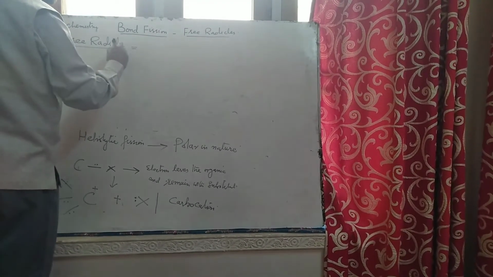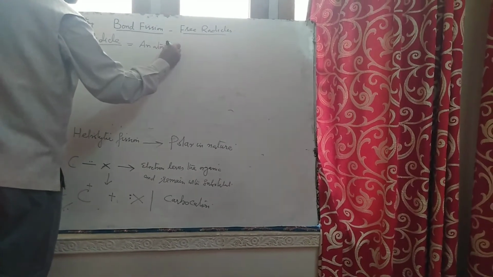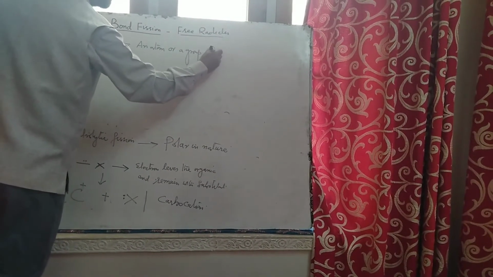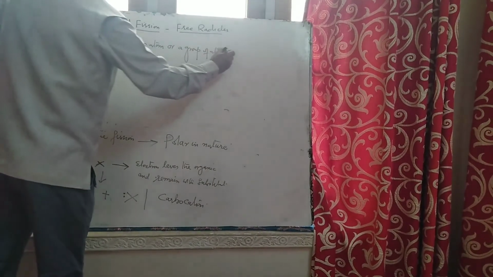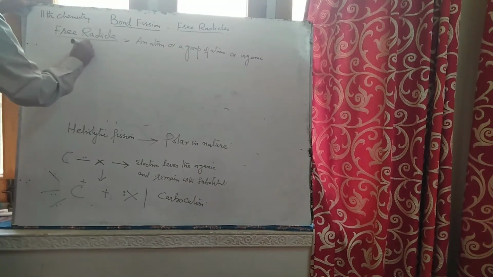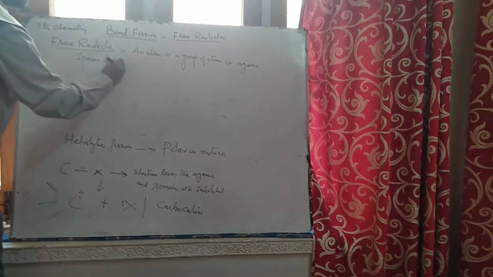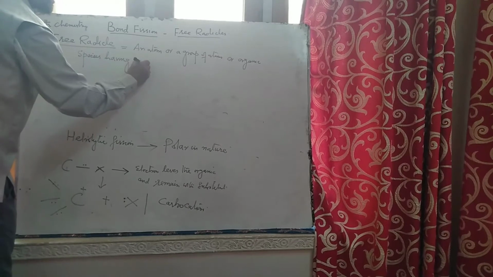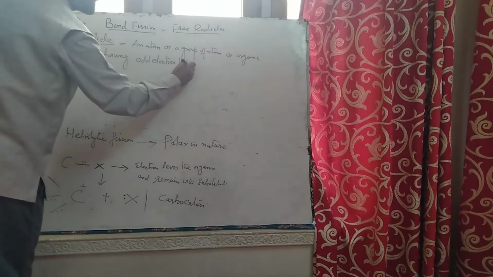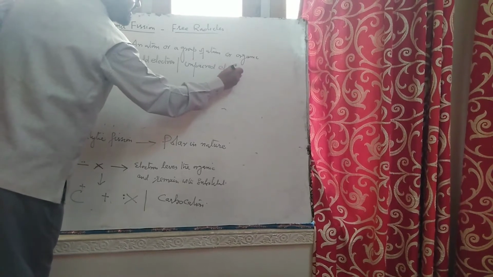A free radical, I will define it, is an atom or a group of atoms or organic species having an odd electron, or we call it an unpaired electron. This is the definition of a free radical.